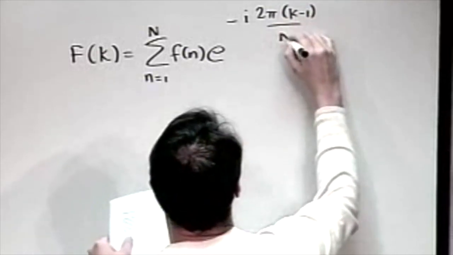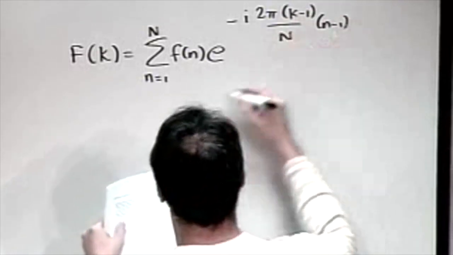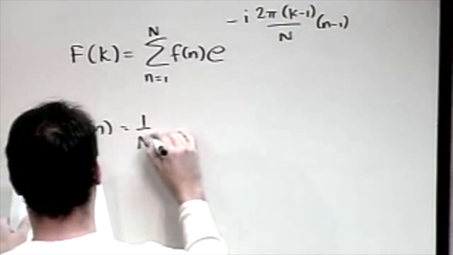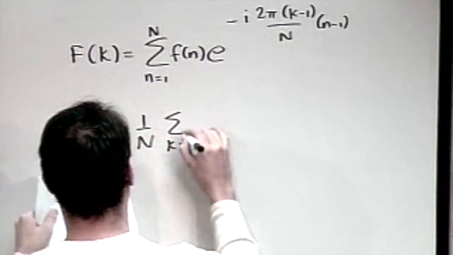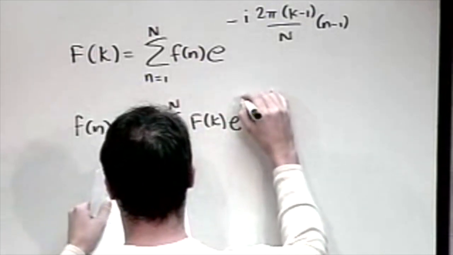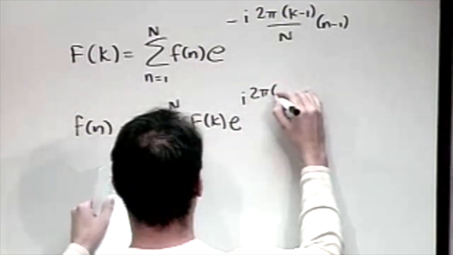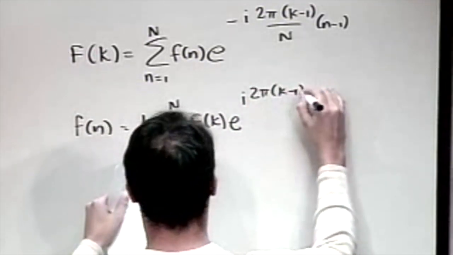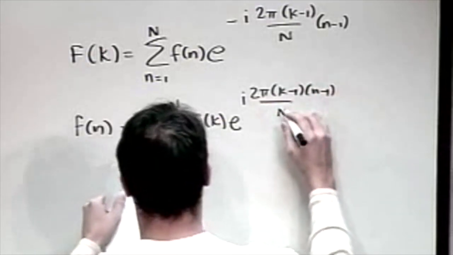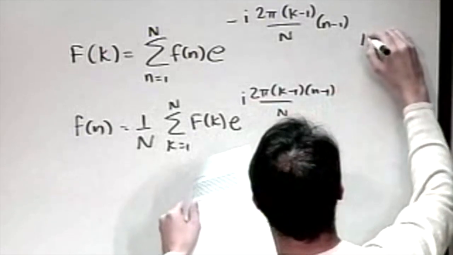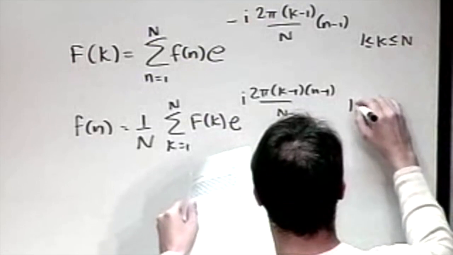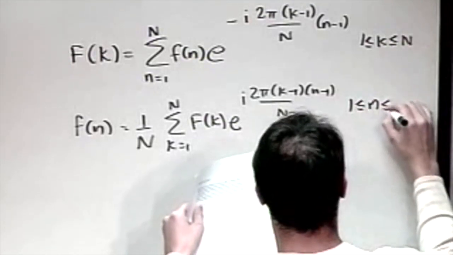Let me write it down. This is the Fourier transform pair out of MATLAB. And generically, most algorithms give you this. Okay, so this is for k between 1 and n, and this is for n between 1 and big N.